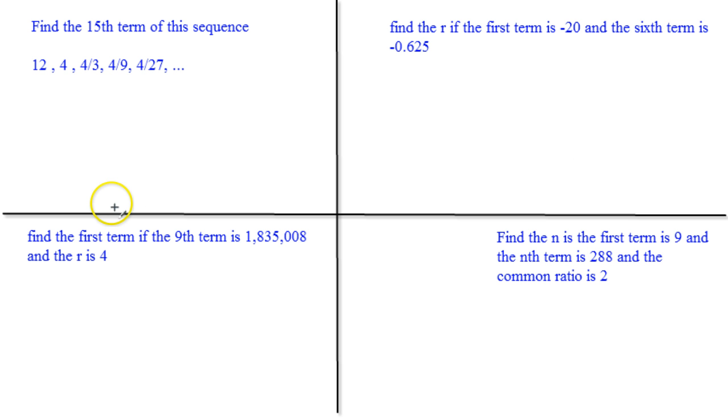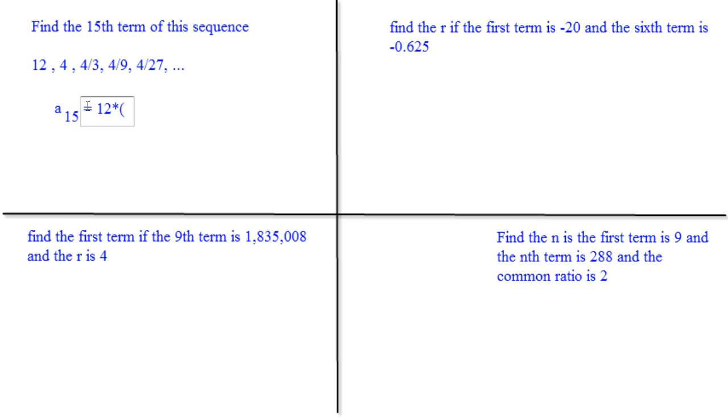Let's work on finding variables. Okay, so find the 15th term of this sequence. Okay, so what we do is we set it up as a sub 15 is going to be equal to 12 times the common ratio.